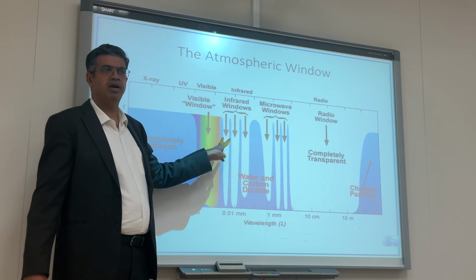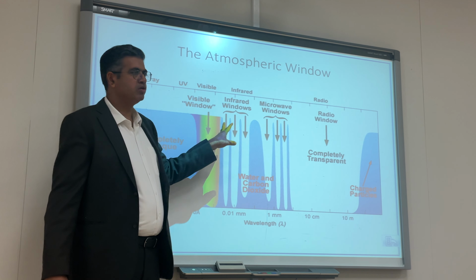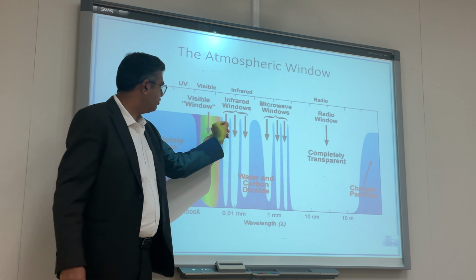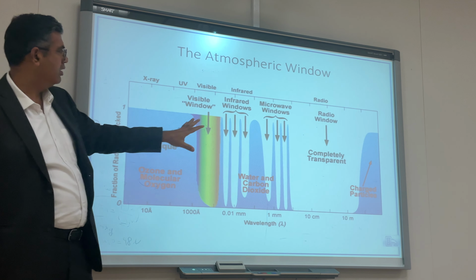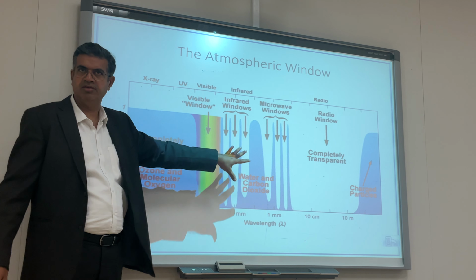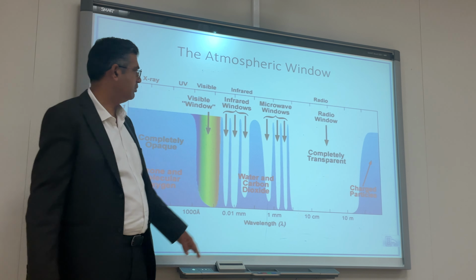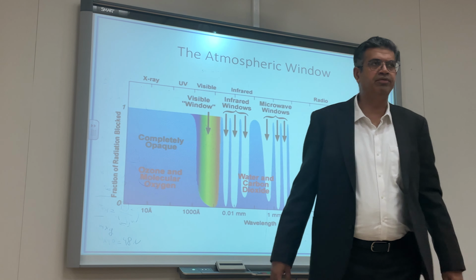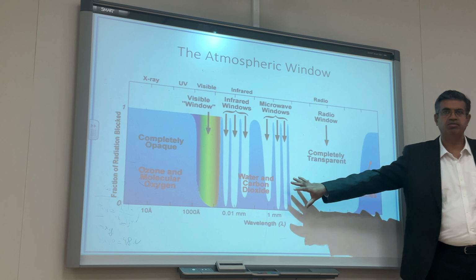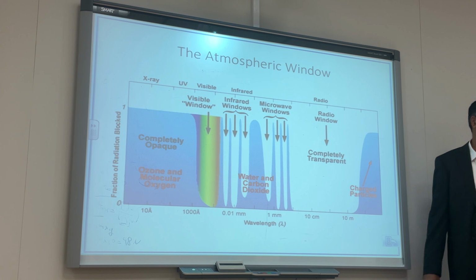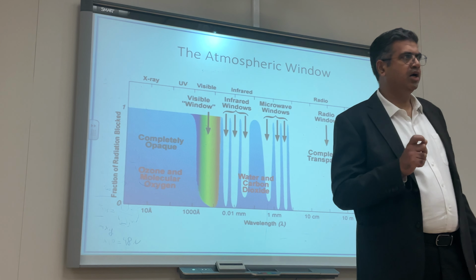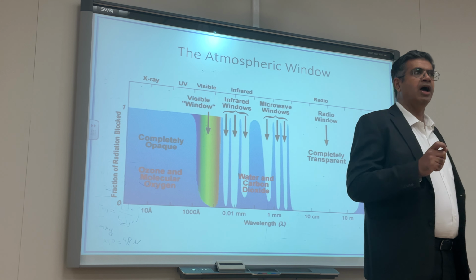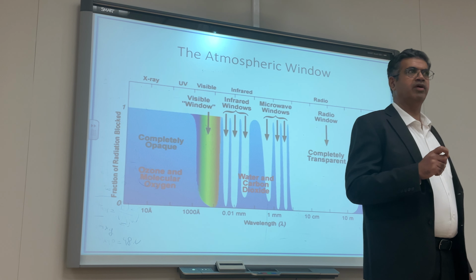When you come to the infrared radiations, yes, you have small regions in between which cannot pass through the Earth's atmosphere, but most of the infrared radiations can pass through. Similarly, most of the microwaves can pass through the Earth's atmosphere. The radio waves can pass through the Earth's atmosphere. So all those radiations which can pass through the Earth's atmosphere are a part of the atmospheric window.